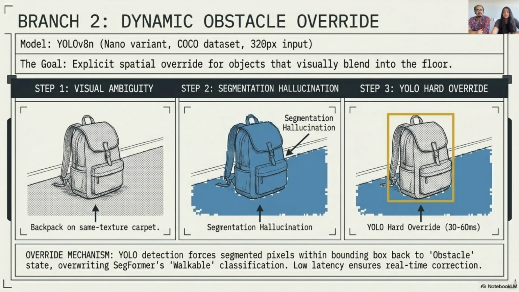YOLO is an instant detector. It reasons about object shape and structure, not pixel statistics. So it produces a bounding box around the backpack regardless of texture similarity. Any pixel inside a YOLO box is forced to an obstacle state, overriding SegFormer. This is sensor fusion between two models instead of two physical sensors. Each model has a failure mode, and the combination has neither.